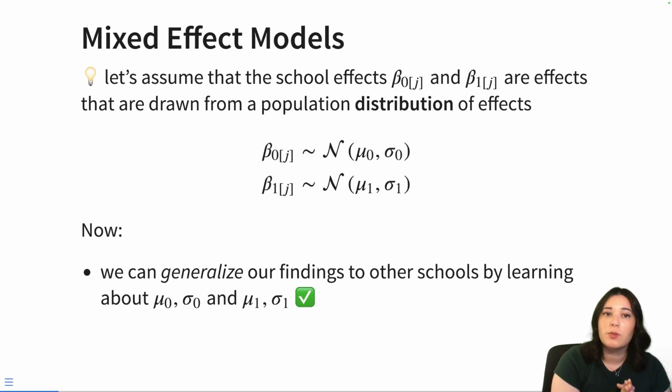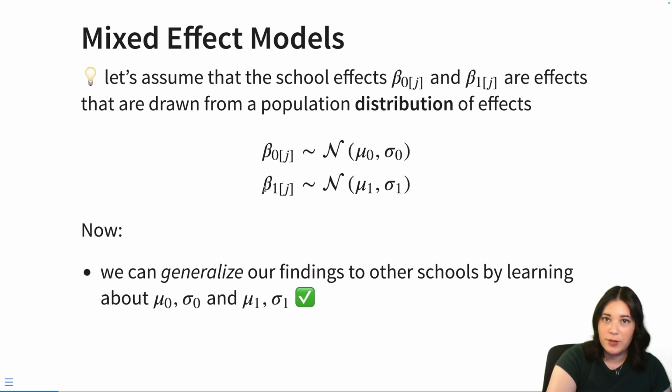Well, we could use a random effect. Essentially what this means is that we're assuming that all of the school effects, so the intercepts and the coefficients, are drawn from population distributions of these effects. So essentially, we're saying that the intercepts of each individual school are drawn from a population distribution with some mean and some variance, and the same thing goes for the coefficients on fundraising dollars.